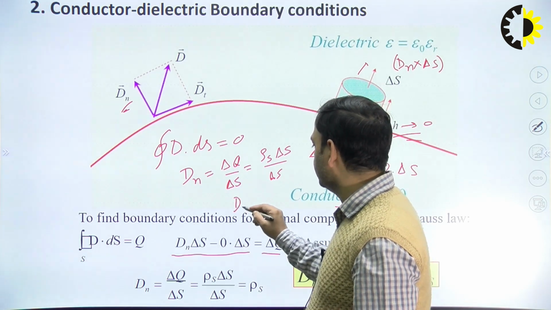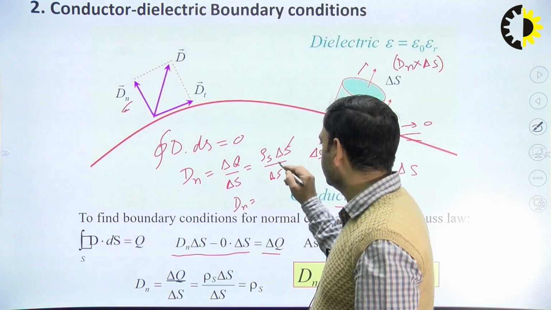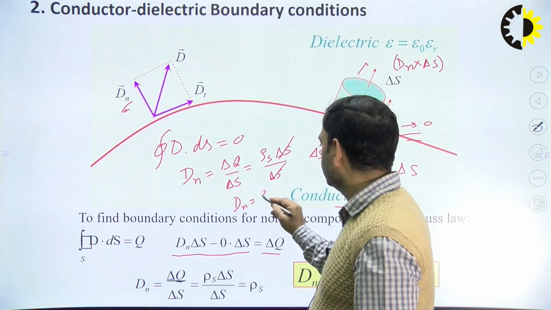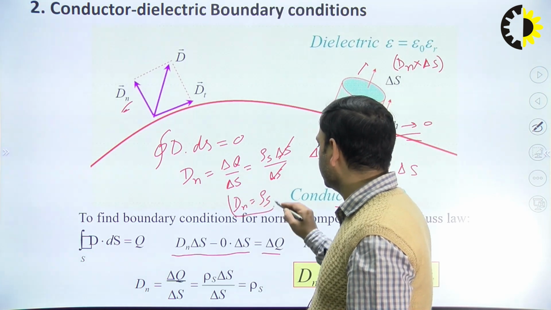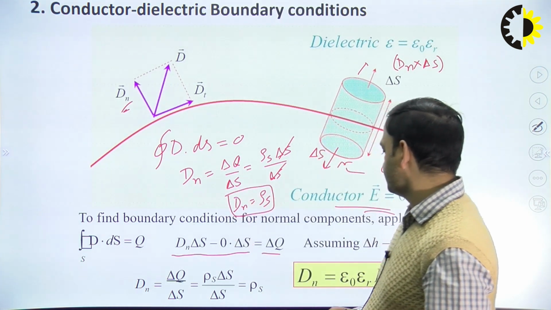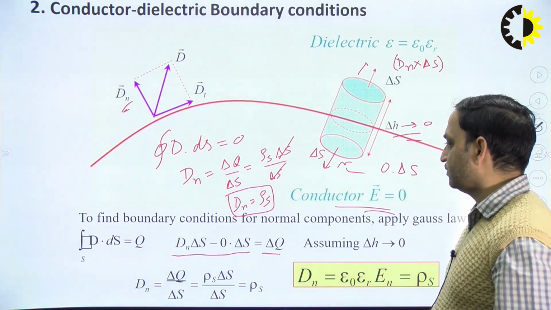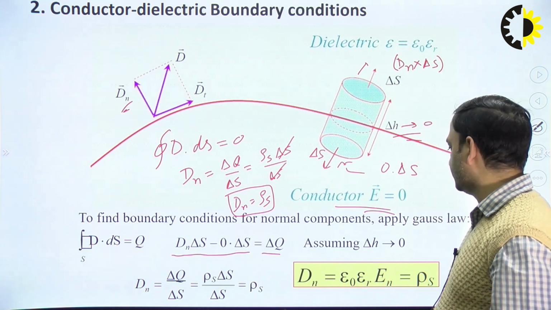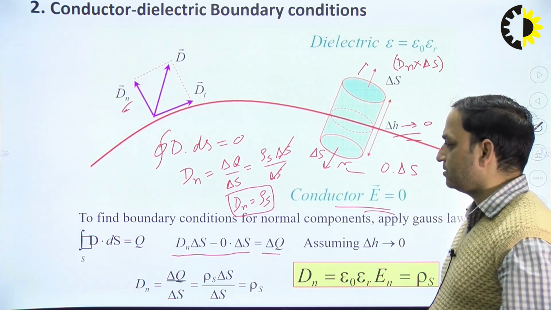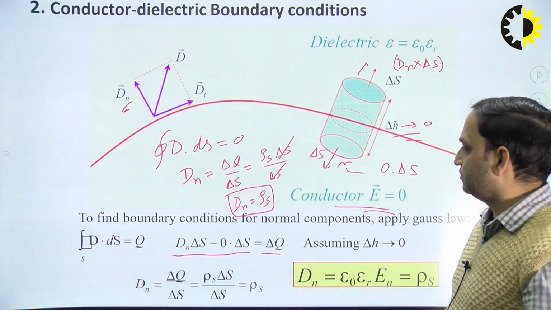So Dn will be what? When you are solving, then delta S will be cancelled out, Dn will be equal to rho s. So this is the boundary condition for the normal component. If we apply the Gauss law, then Dn will be equal to rho s.